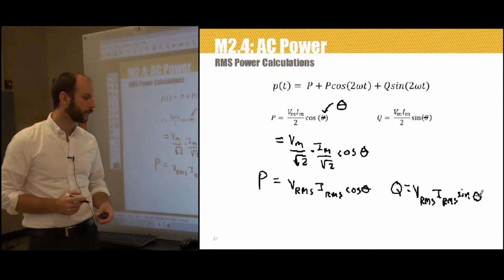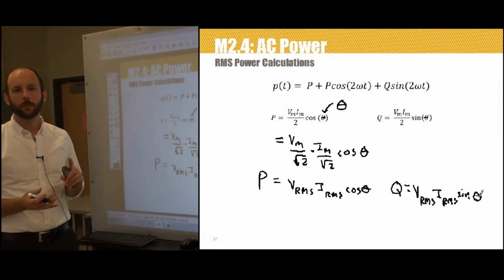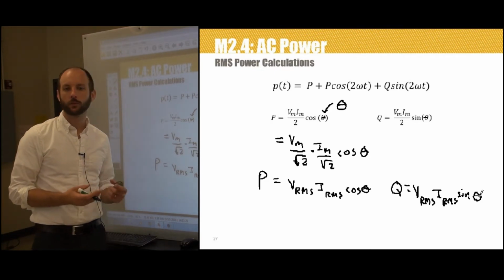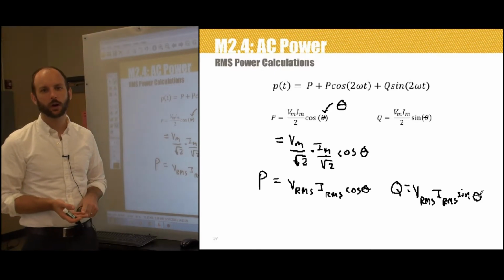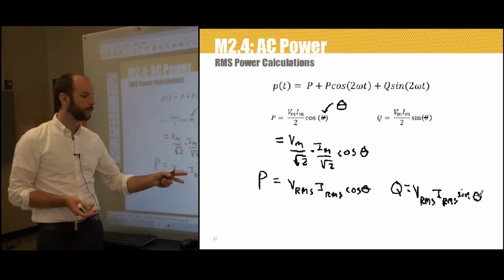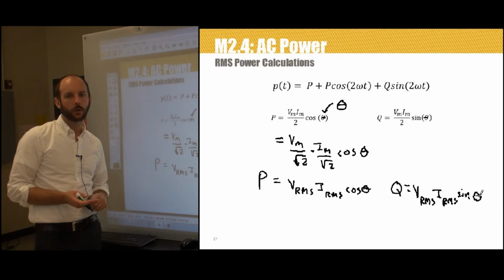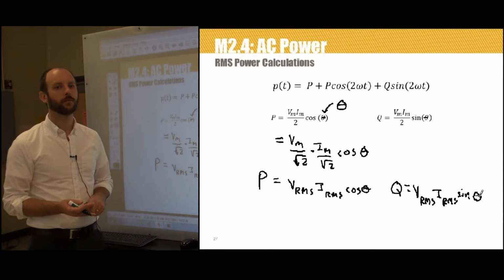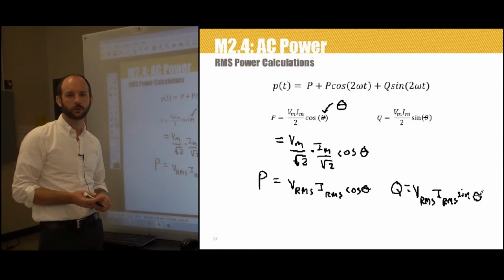So these manipulations, what did they show me? They showed me that P, the real power here, and Q, the reactive power, can easily be calculated using the RMS values. And since we use the RMS values, P and Q are going to represent the effective power or the average power delivered by the sinusoidal voltage or current sources.